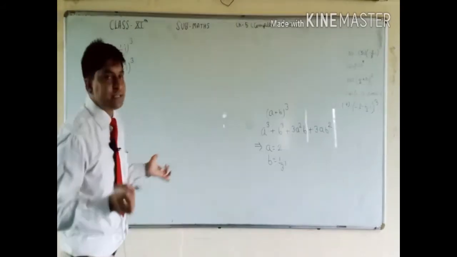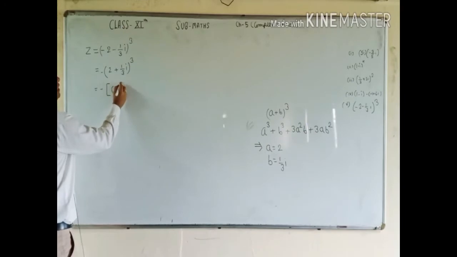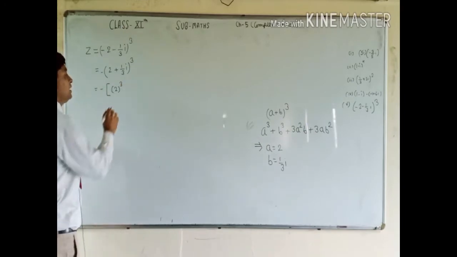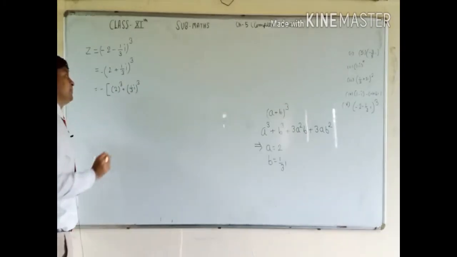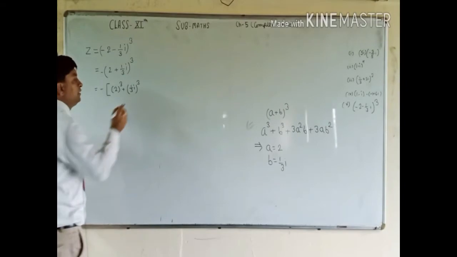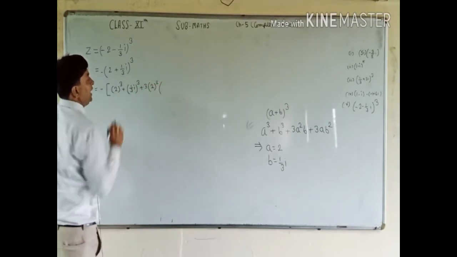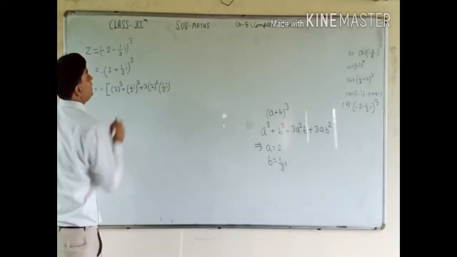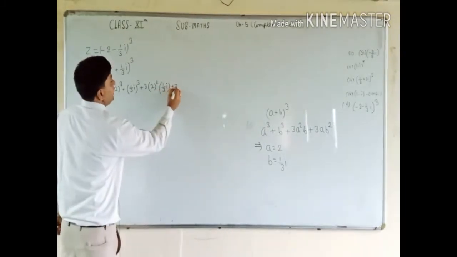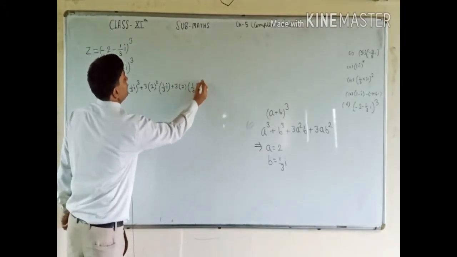Now we solve this. This is a cube, now b cube, now 3a square b, so this is 3, this is a square, and in the last this is b, and plus 3ab square.